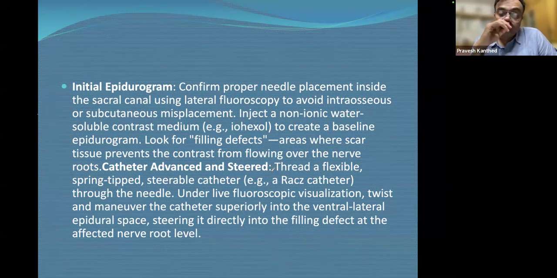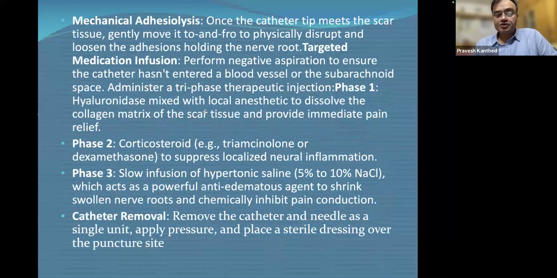You reach up to the L5 disc, do a dye study, and you will see the filling defect. Then you steer the catheter in and out to try to mechanically lyse the adhesions, and then we lyse them through some other mechanisms which I'm going to take. So this is the mechanical adhesiolysis which I already talked about.